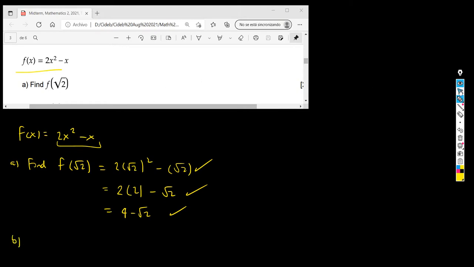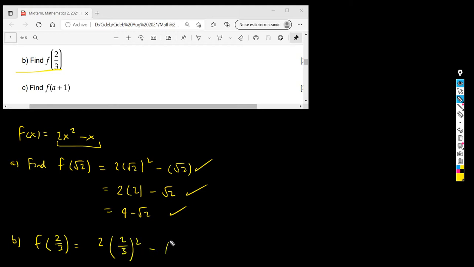And then B, find f of 2/3. Same idea. 2 times 2/3 to the square minus 2/3. And that's it. You're technically done.